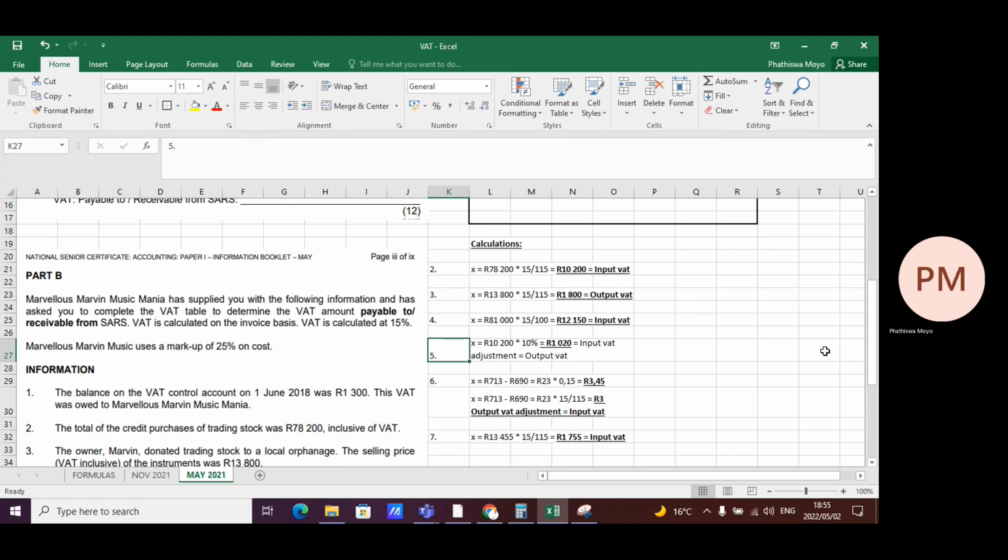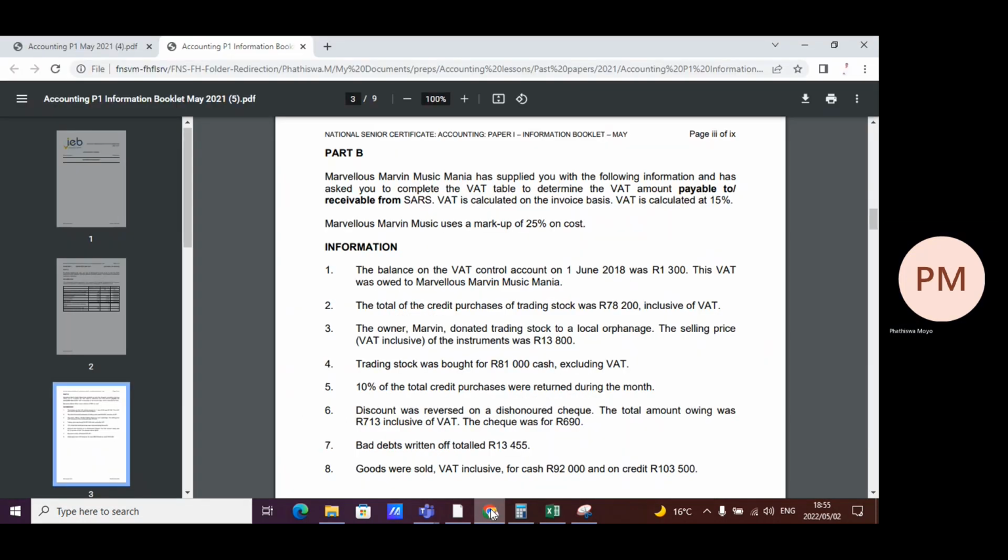Okay. The answer is here. Goods were sold, VAT inclusive for cash and on credit.